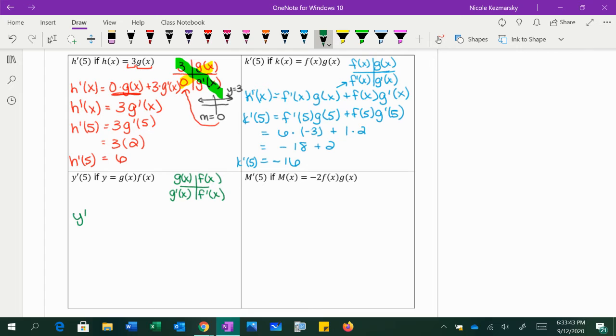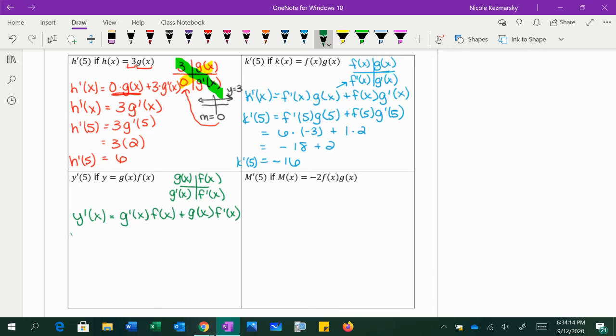So then y prime of x is going to be g prime of x, f of x, plus g of x, f prime of x. So far, if I look back at the previous example, it looks very similar, except there's some terms that are flip-flopped.